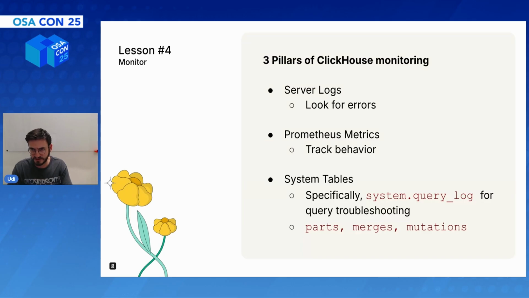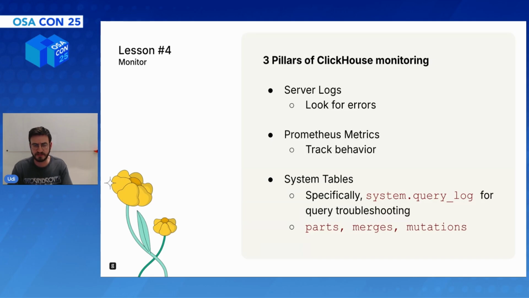Specifically, it's very convenient to track those logs for errors and see what causes them. Next is the Prometheus metrics exposed by ClickHouse, which help observe the general state of the server, things like amount of ingested data, rate of queries, average query latency, etc.